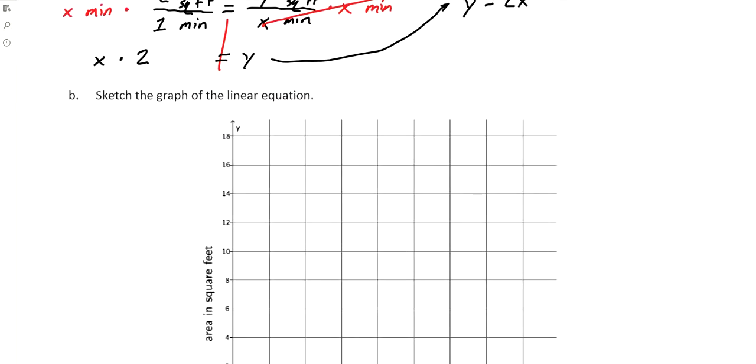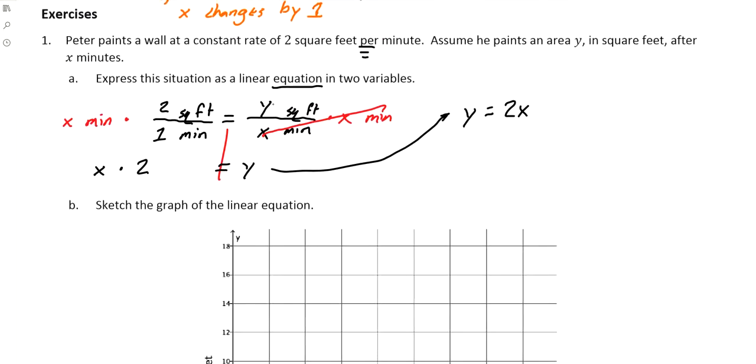So now let's do part B where it says sketch the graph of the linear equation. So we want to use those tricks from the previous lesson using slope and y-intercept so that we can easily sketch this up. You could also make a table of x and y values, but that takes a little more work.